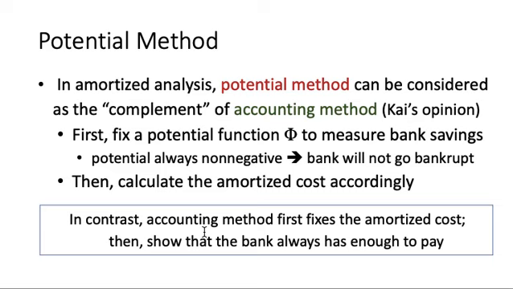But the difference is that in the accounting method, we fix the amortized cost first, and after that, we show that the bank will always have enough to pay. Here we are doing the opposite. We fix the bank so that it always has enough money, and then after that, we show what should be set for the amortized cost. So it is like fixing the amortized cost first versus fixing the bank savings first.